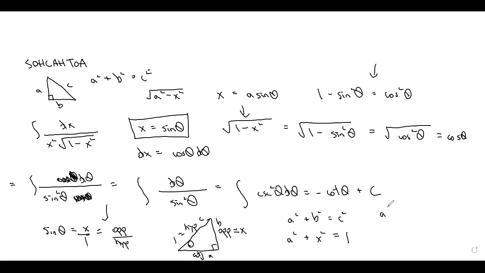So you got a squared equals 1 minus x squared. And then you just square root each side to get a by itself. So a is the square root of 1 minus x squared.